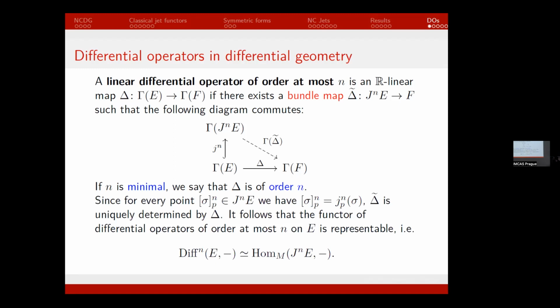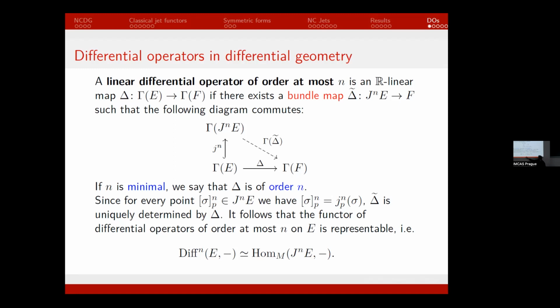So what we have now is, if we remember how jets were constructed, every point is of this form, and this is clearly the image by the jet prolongation, which means delta tilde is completely determined by delta. So given a delta, if delta tilde exists, it's unique.